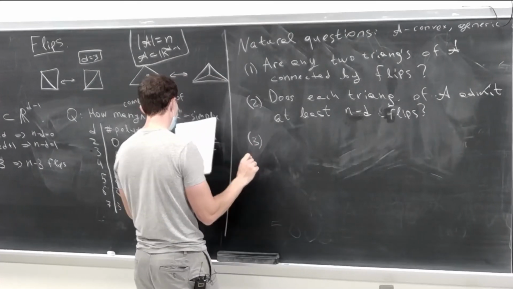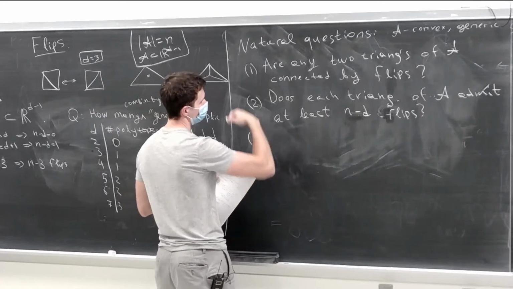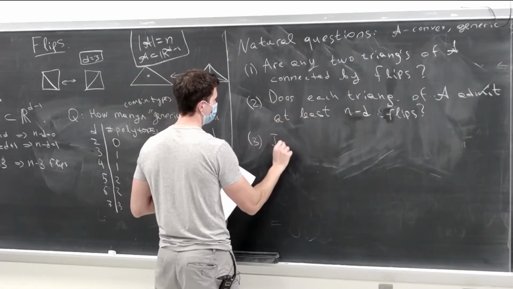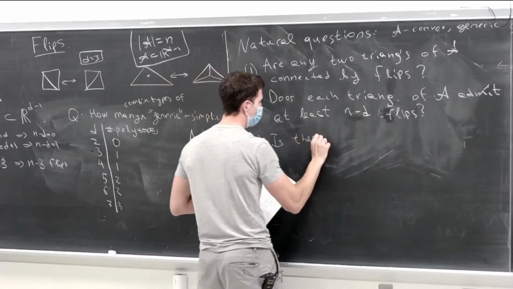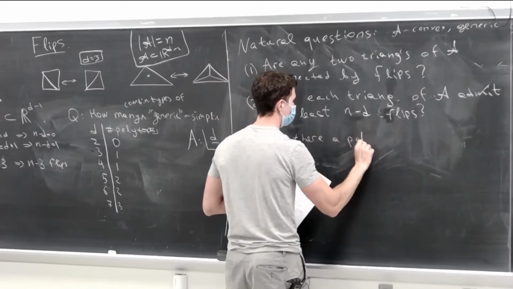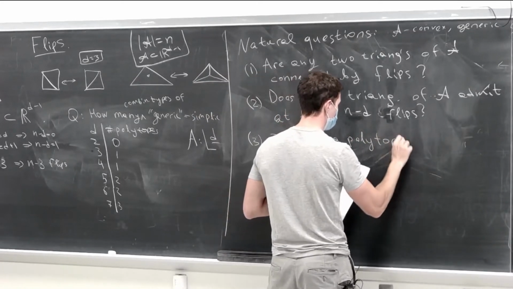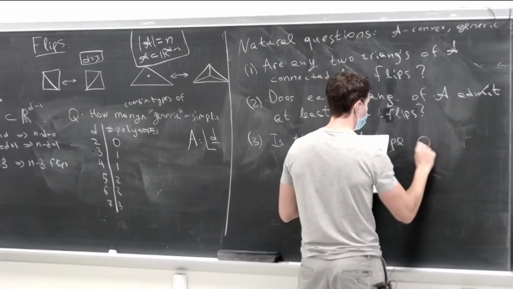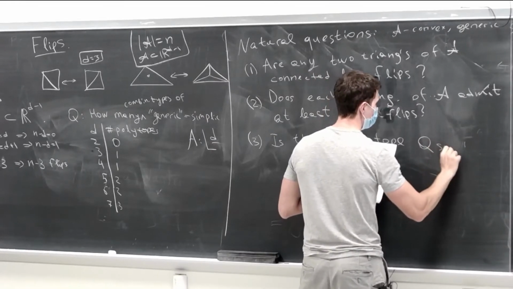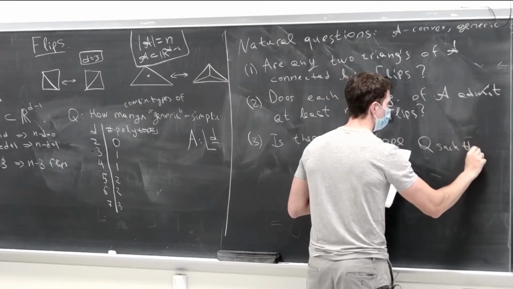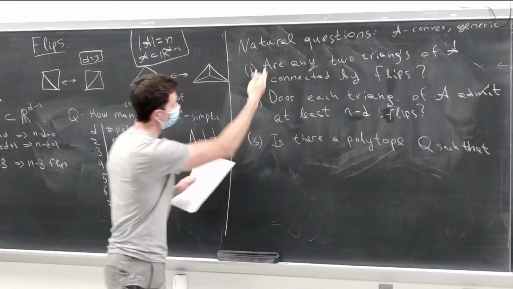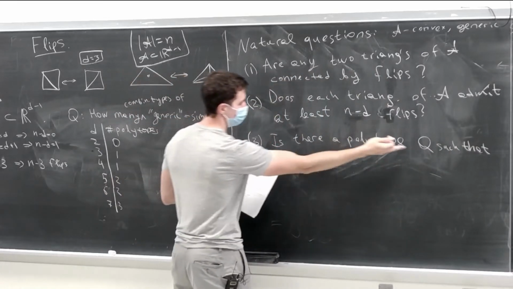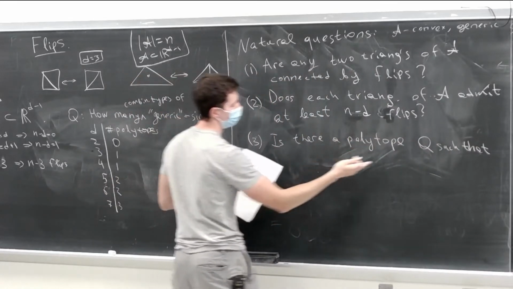And the third question is sort of generalizing these two. Is there some polytope Q such that I capture these triangulations as vertices of it?